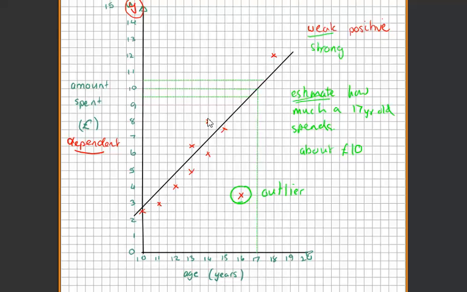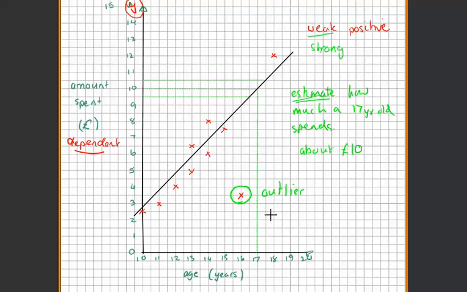See, I did it from there and I went up there, halfway between. The trouble is, then you've got the 17-year-old getting the most money, and that doesn't make sense. Why?